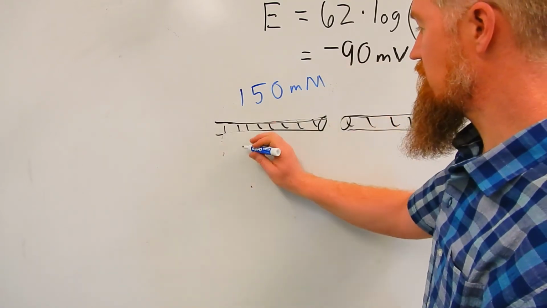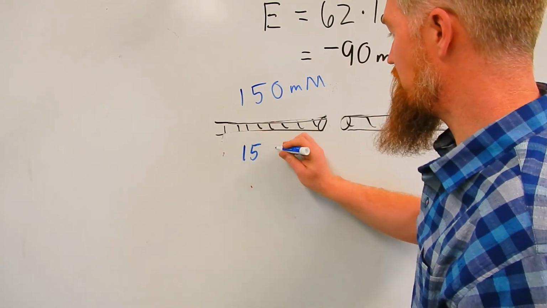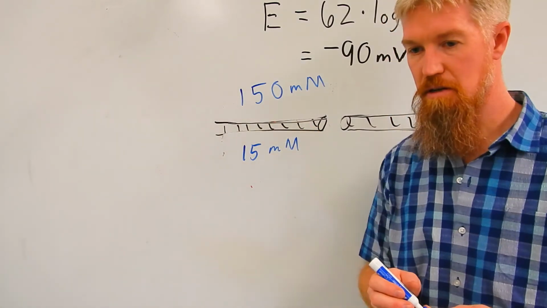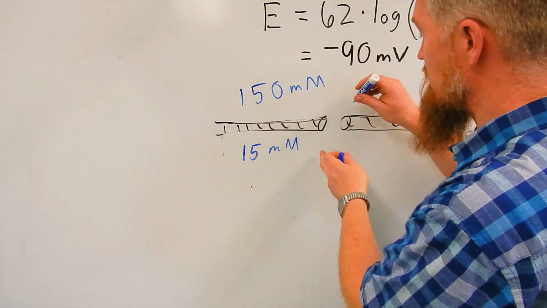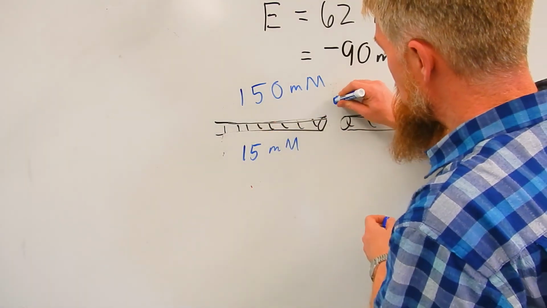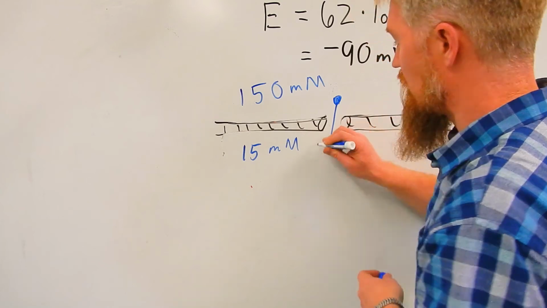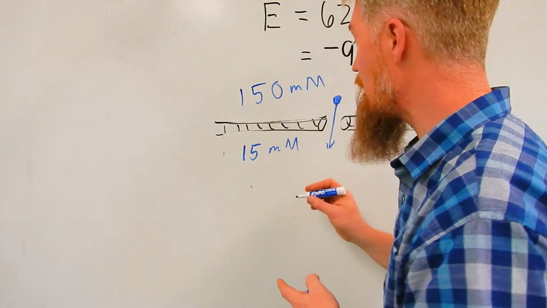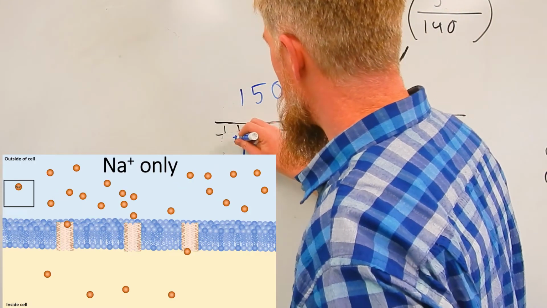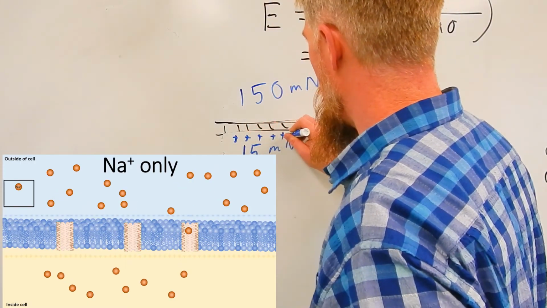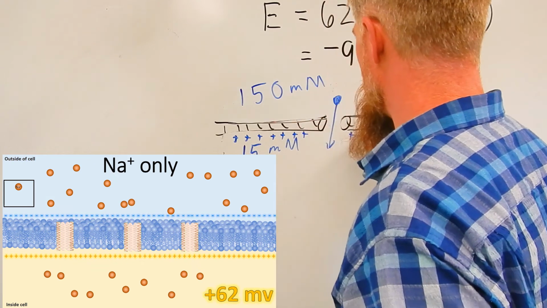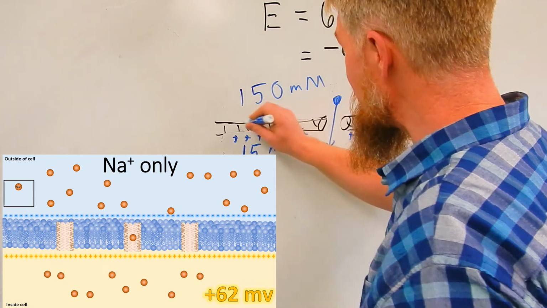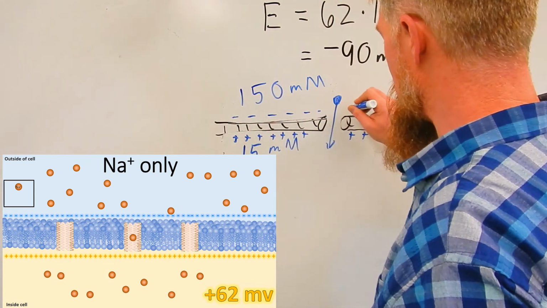On the inside, we have 15 millimoles. Again, you have the strong concentration gradient. You're going to expect to see the ion want to move across the membrane through facilitated diffusion. But you run into the problem that as it does, it's going to create a positive charge now on the inside of the membrane as it moves across, and a negative charge on the outside.